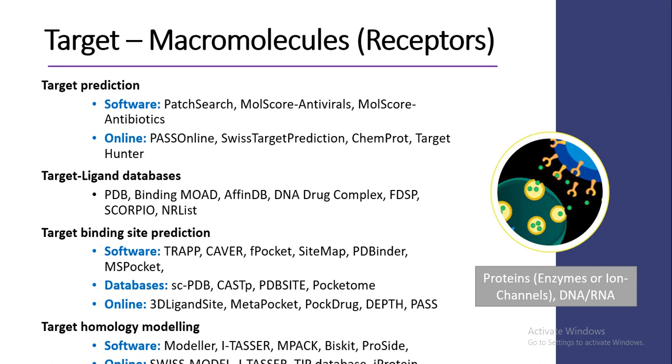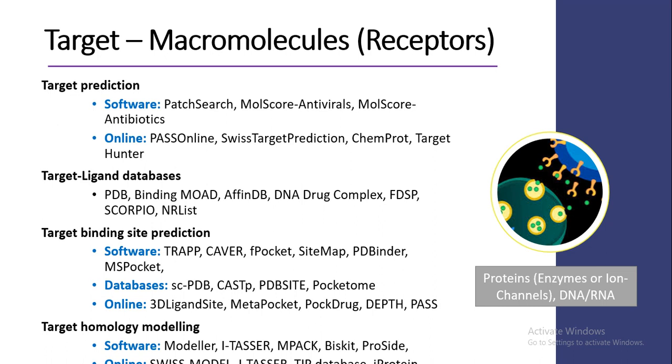These are the software we can use for predicting the target for our compound. We can also use online softwares like PASS Online, which gives us predictions for different targets, the Swiss Target Prediction tool, which is also an online tool, and ChemProt and TargetHunter.